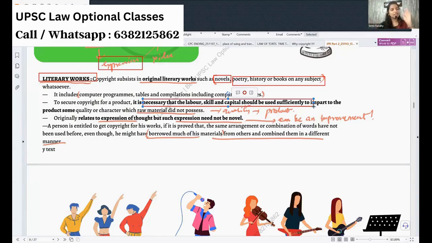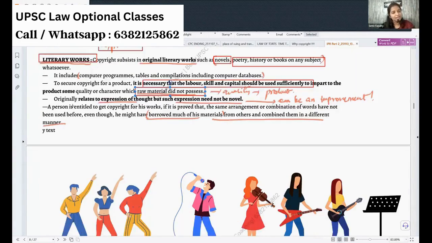That's it, simple. So even though you are producing from raw material, you put in the labor, the skill, the capital, so you transform them significantly, then you will get the copyright. A person is entitled to get the copyright of his work if he proves that it is not the same as the material he borrowed. We can create our own reading about all the law stuff, but UPSC is keen only on the standard books.